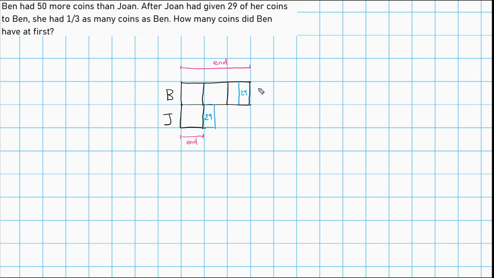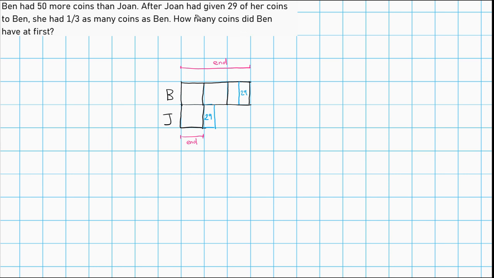But at the start, these blue bits at the start, Joan had this additional 29 coins. And at the start, Ben did not have these 29 coins. Hopefully that makes sense. So I think I have captured the situation.